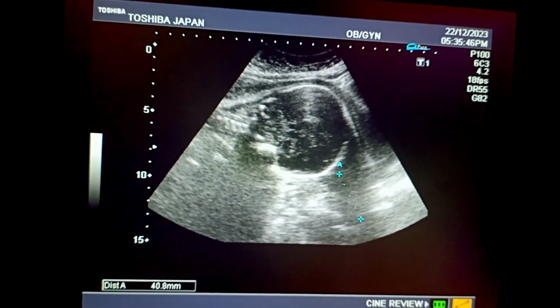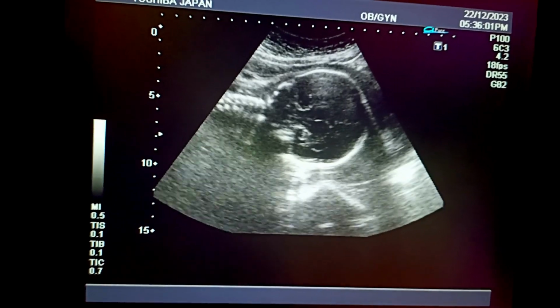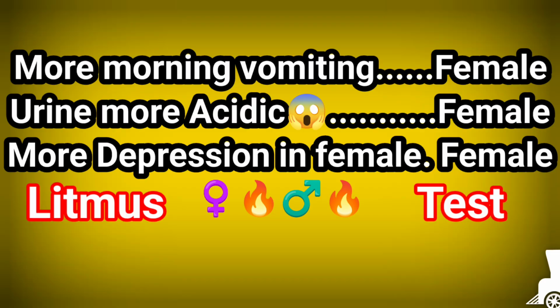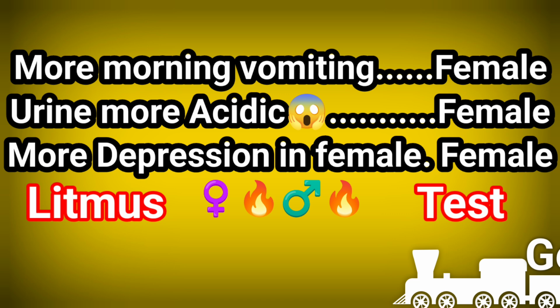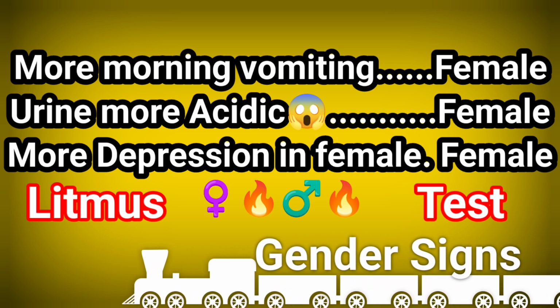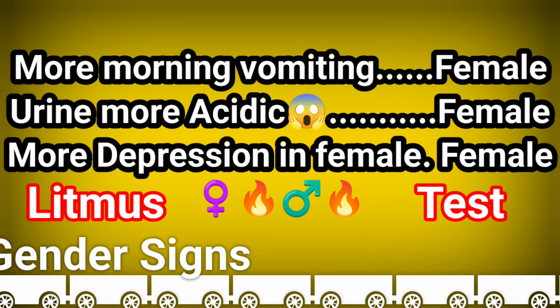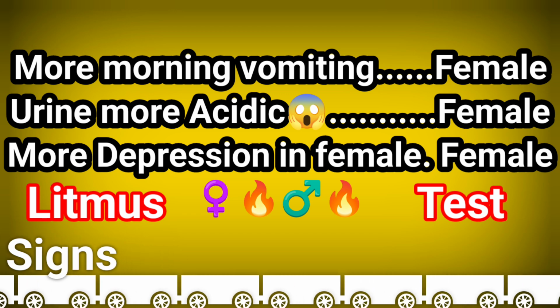Now we'd like to calculate the cervix length. See the backbone as well. There is more morning sickness, that is vomiting in the early morning, in the case of a female baby. The urine is more acidic when the baby is female.